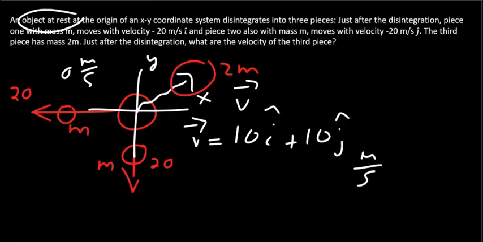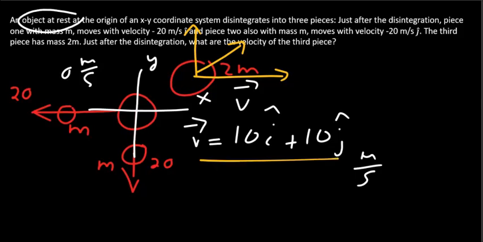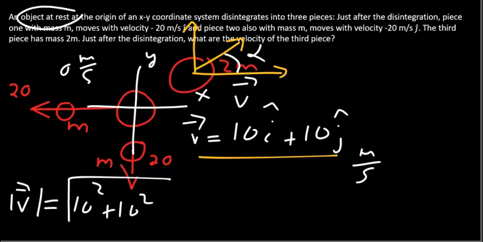in the unit of meter per second. So there you have it. The velocity of the third piece would be something like that, given by that expression. The magnitude of that velocity is the square root of 10 squared plus 10 squared, which is 14.14 meter per second. Now what about the direction? The direction can be expressed by this angle alpha.